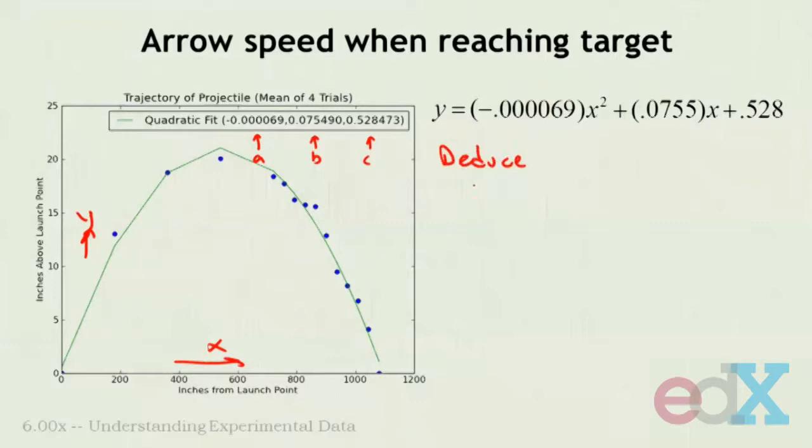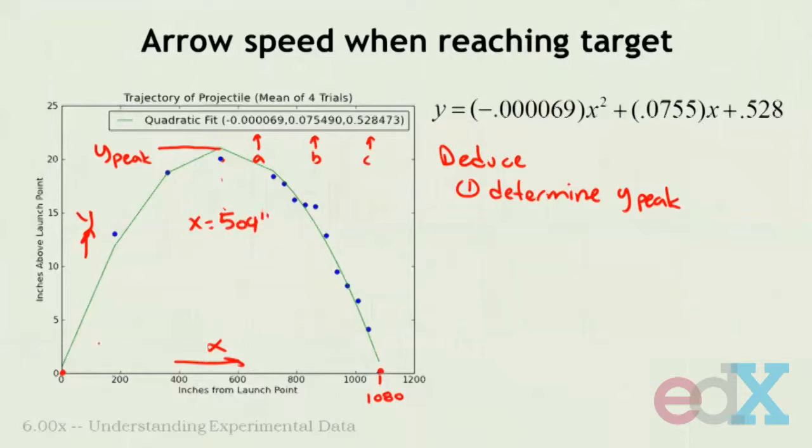So the first thing I'm going to do is determine the highest point in the trajectory. I want to determine the peak value of y. And what I notice is that the peak value of y happens midway through the trajectory from the bow down to the target. The target is at 1080 inches, and so the midpoint, where y peak occurs, is at distance equal to 504 inches, which is exactly halfway between the bow and the target.